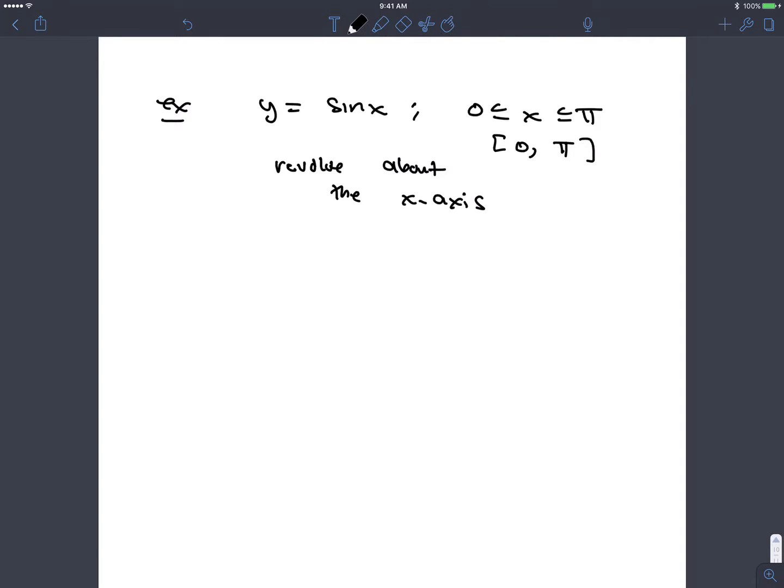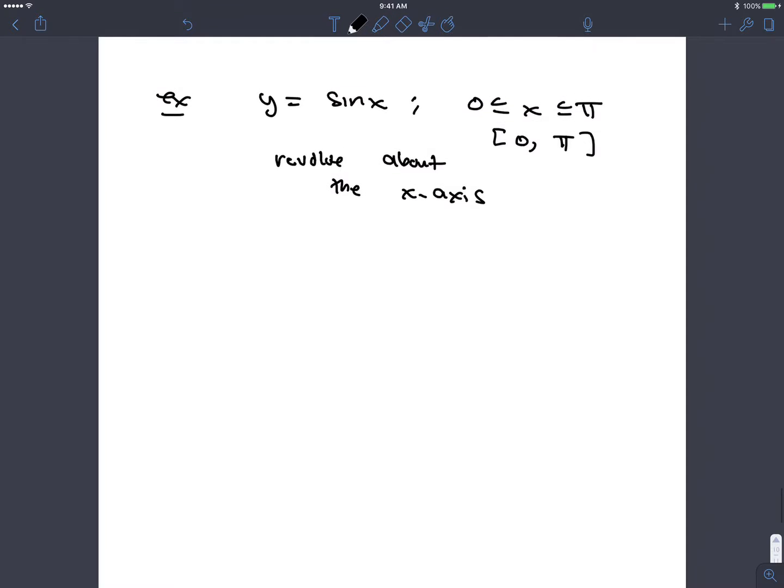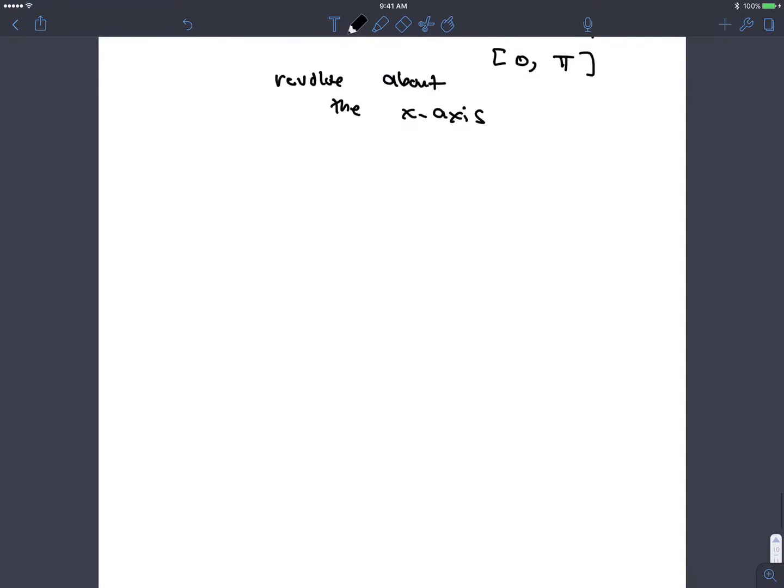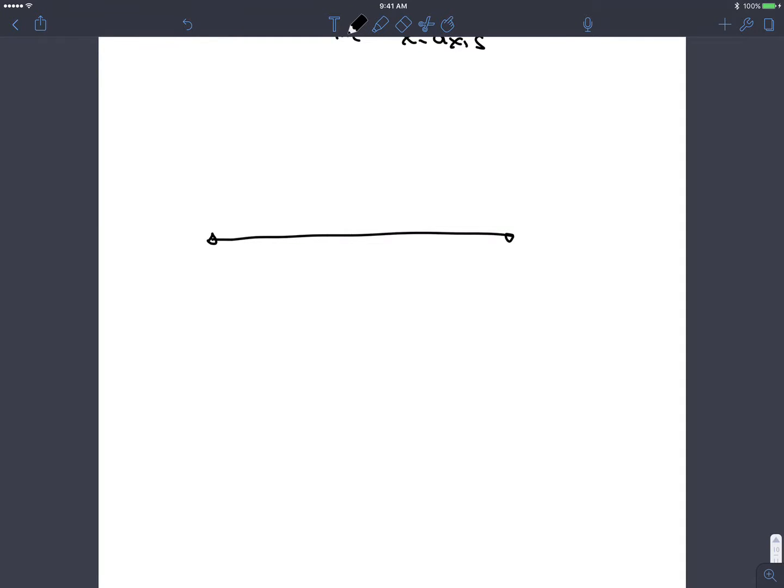0 to pi. So, I mean, should we draw the curve? You guys want to draw the sine curve? Then that 0 to pi here.